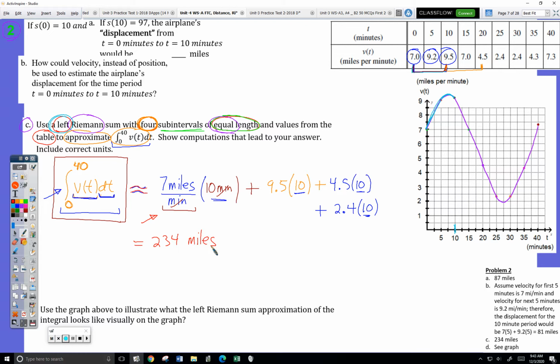I don't know if I'm answering your question, Reagan. Should it be an approximation sign? Here's a weird thing. When you look at the AP test, how they publish how they want the answers written, this is how they write it, and this is my interpretation of it. The integral itself is not equal to this series of computations because we're not doing an infinite number of computations.